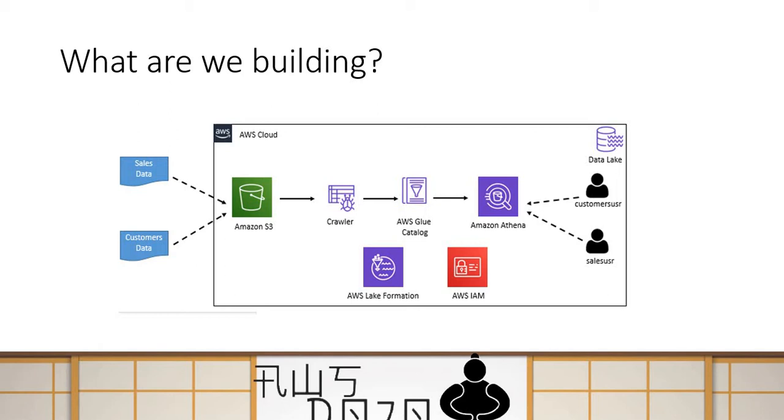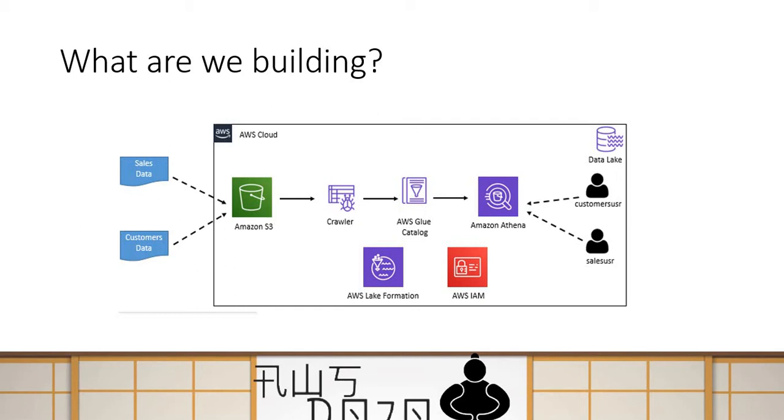You can configure access rights for each piece of data in the data catalog in terms of who can consume what and what operations the user can perform. To test that, we will configure some access rights, and then we will set up two users, a customer user and a sales user, who will use Amazon Athena as a query tool to query the data catalog to test those permissions. So this is what we are going to set up today.